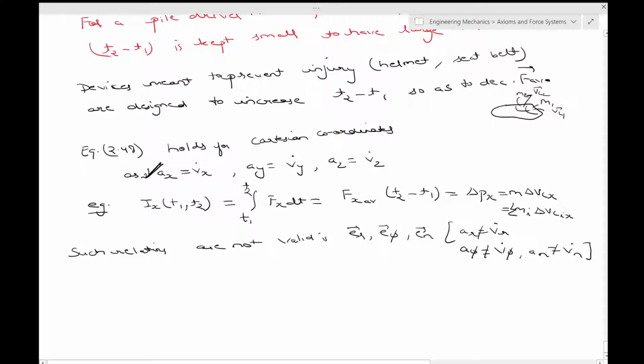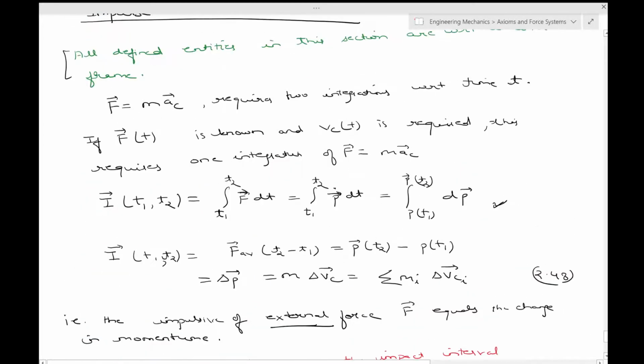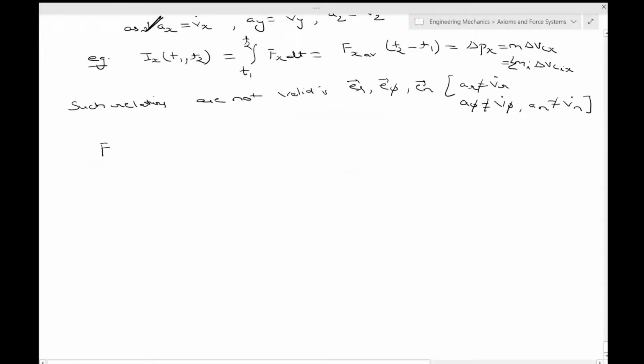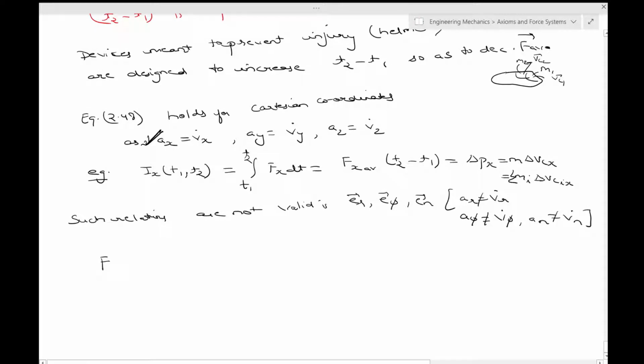So let's write, say F is made up of three components, F_r, F_phi and F_z. So the first integral, what did we do over here to the first integral? You see, F equal to MAC was there, then we wrote the first integral. Let's see over here, that's much easier, I think. Over here, we wanted to use the impulse momentum equation because the first integration of Fx would have got us this velocity of the center of mass in the x direction.